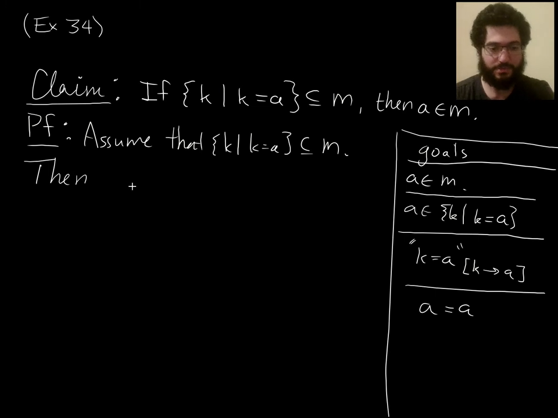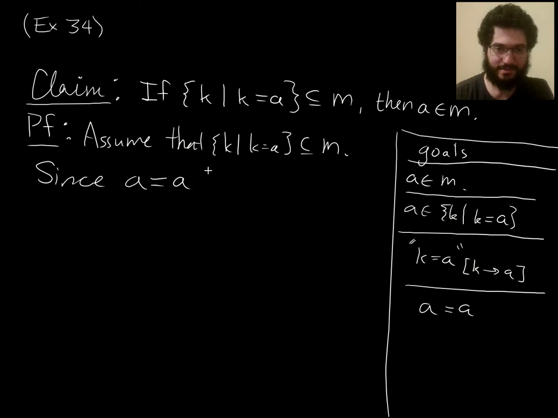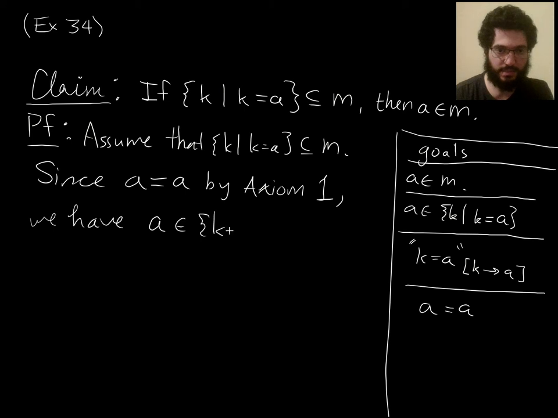Since A equals A by axiom 1, we have A is in the set of things that equal A. So to do that, I'm using axiom 5. So you see what I mean by reading this backwards?